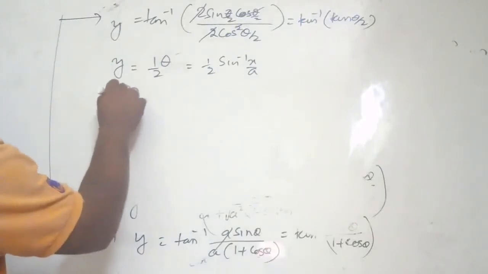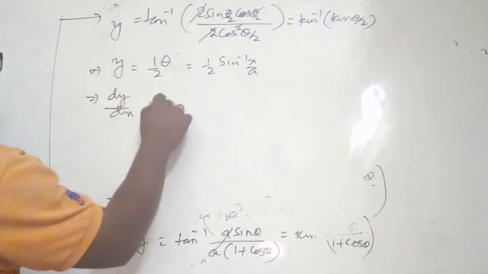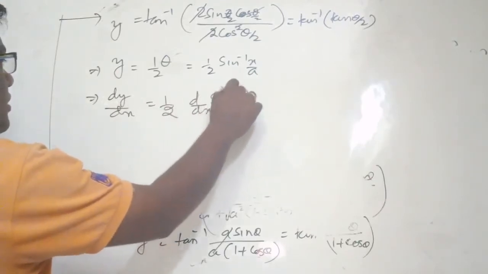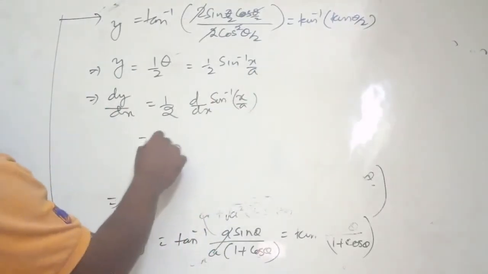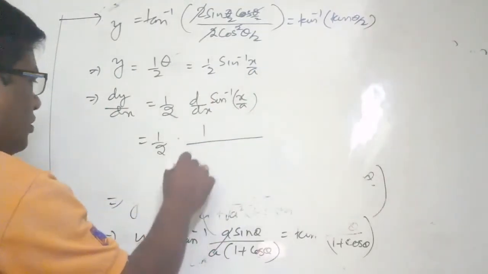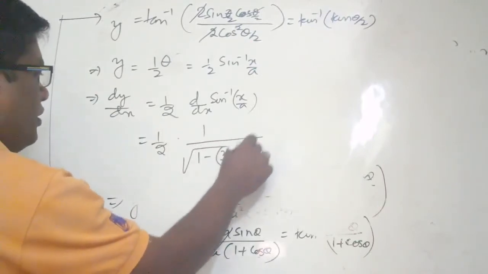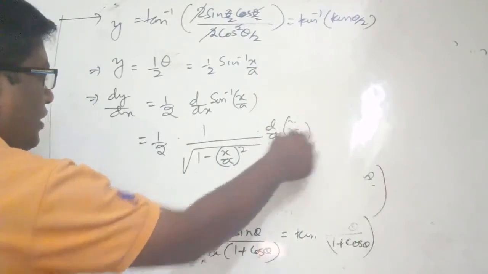dy by dx: we have the constant 1 by 2, so write it first, and d by dx of sin inverse x by a. Apply the chain rule. 1 by 2 into 1 by root over 1 minus x by a whole square into d by dx of x by a.